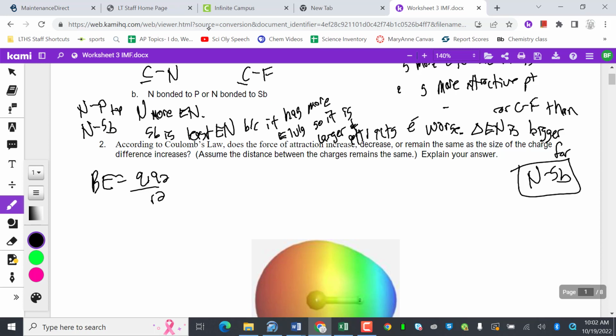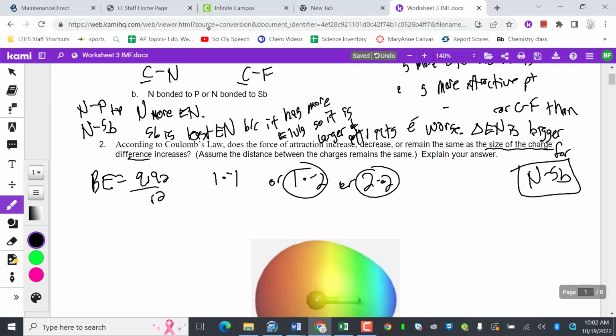So that would mean 1 times -1, or 2 times -2. Clearly, when the charge difference becomes larger, bond energy would be bigger.